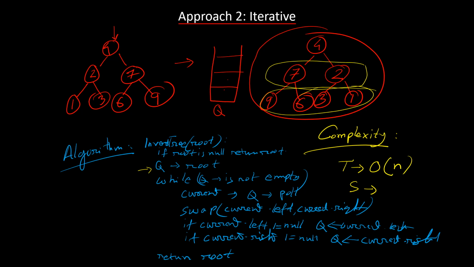So what is the number of nodes in a certain level? That would be the queue size. In a tree, a particular level has about n by 2 nodes. So this is the space complexity, which is big O n.